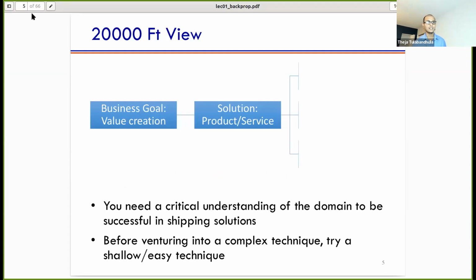Oh, it's not rendering properly. These three components had something to do with how you would architect a solution. I don't know why it's not rendering. Are you able to see the right hand side?